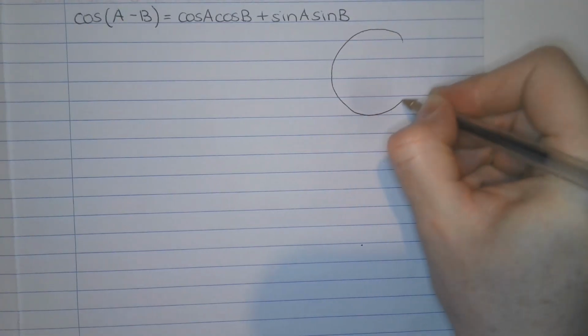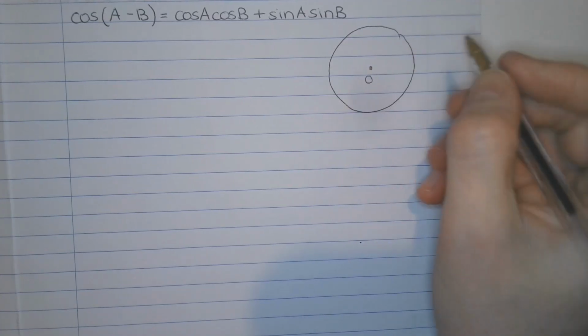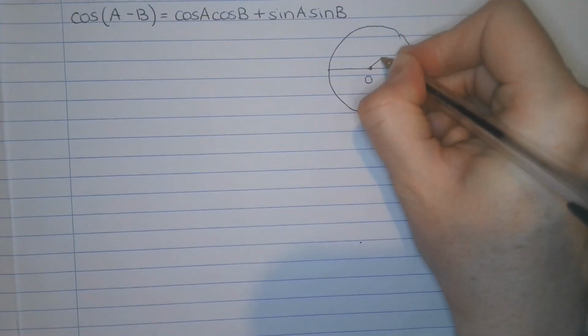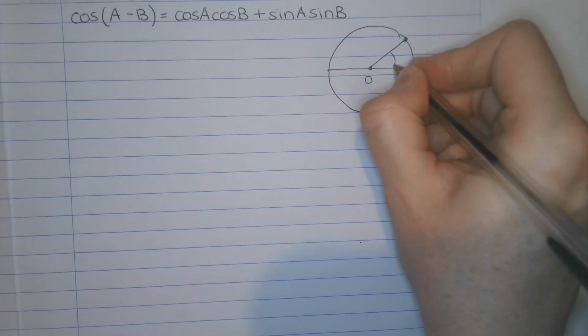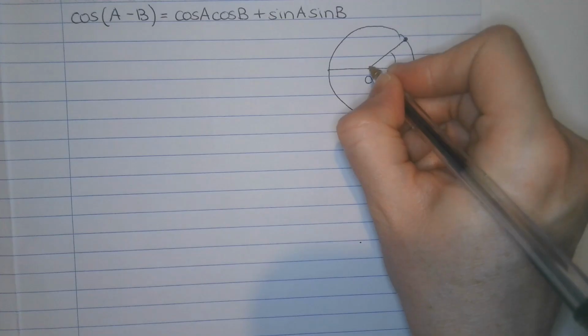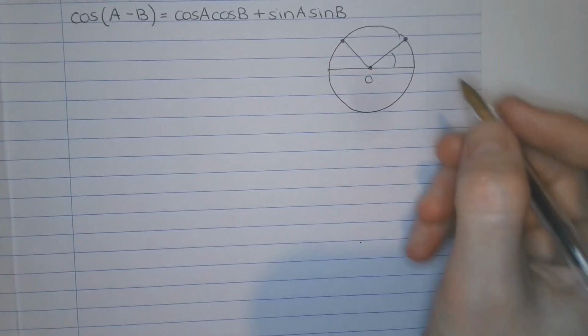To prove cos(A minus B) is equal to cos A cos B plus sine A sine B, I'm going to first of all draw a unit circle. It's going to have a center of O. And first of all, I'm going to draw a radius going here to this point, and I'm going to label that with one angle in a second, and the other radius I'm going to draw is over here.